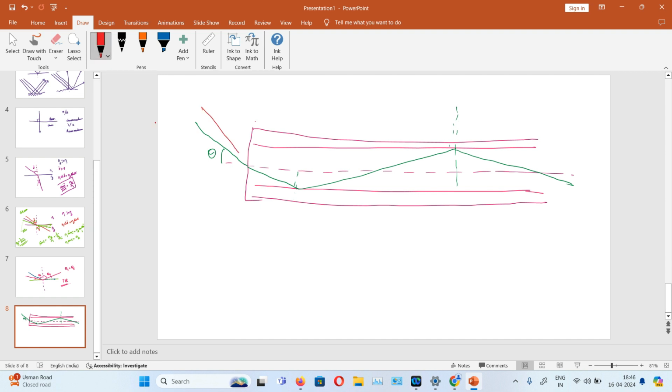It will go this way, and if you increase it more, there will be a condition at which this angle may become less than the critical angle such that this light may leak out. So there will be a maximum angle at which the light can be incident, and that is called the acceptance angle, at which total reflection can occur.